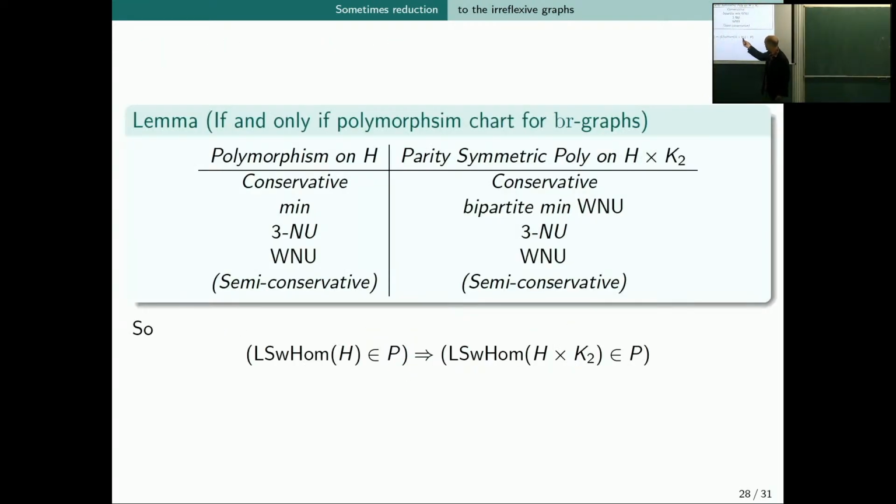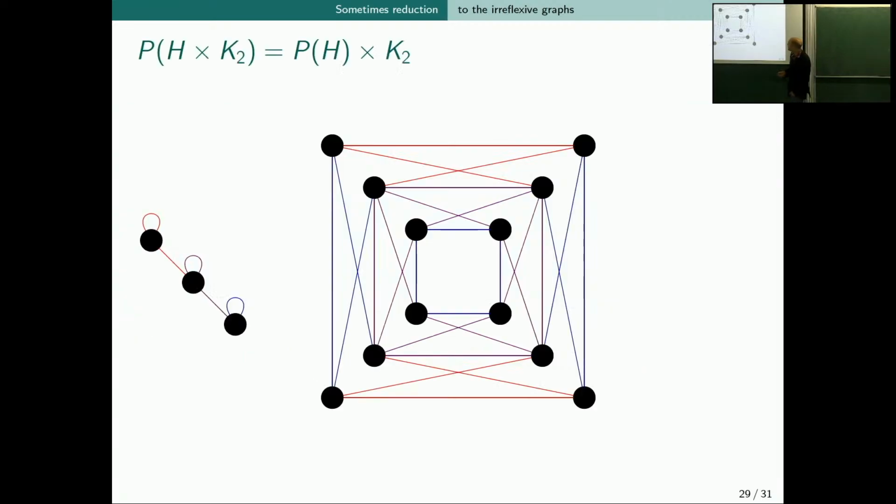So say this has a semi-conservative WNU, and say that this has these special ones that we've defined that extend to the switch graph with this switch symmetry. Then I have some bipartite graph here that has the right polymorphism. It has this bipartite min ordering. And I take that and we can actually show that if a bipartite graph has this bipartite min ordering, it actually has a symmetric one, right? So symmetric with respect to this automorphism through here.